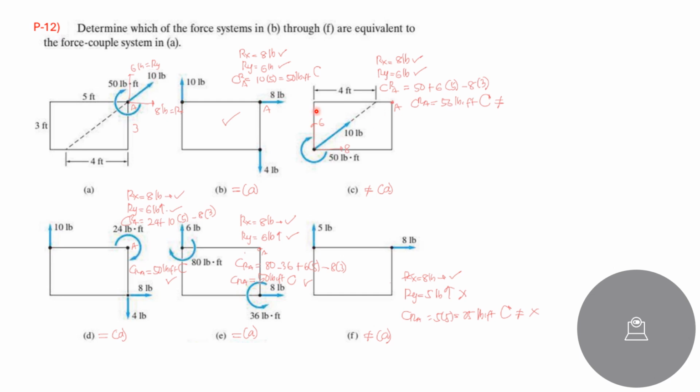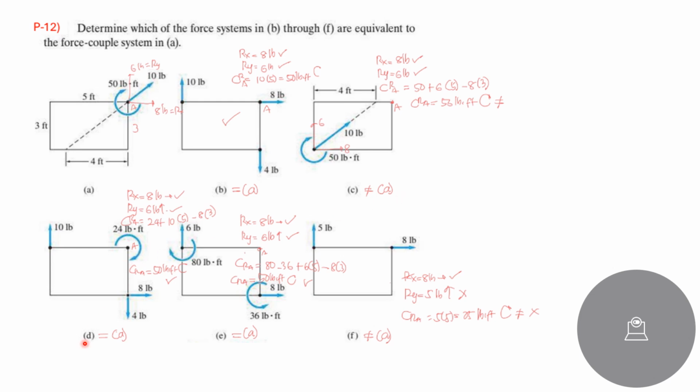Then plus 6 times 5, because that is clockwise about A, then minus 8 times 3, because this is 3 feet even here. So 50 plus 6 times 5 minus 8 times 3, it's 56 pound-foot clockwise. It is not equal to 50 pound-foot clockwise. So because of this, the resultant couple is not equal to the resultant couple in part A. So C is not equal to A.